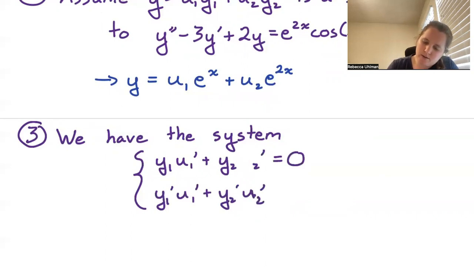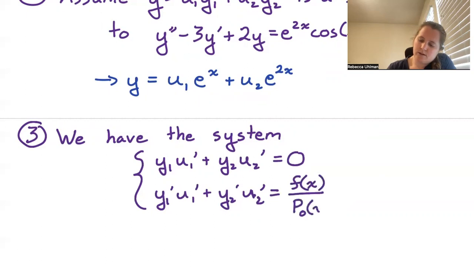That top equation should have been y1 u1' + y2 u2'. And the second equation is y1' u1' + y2' u2' = f(x)/p0(x).